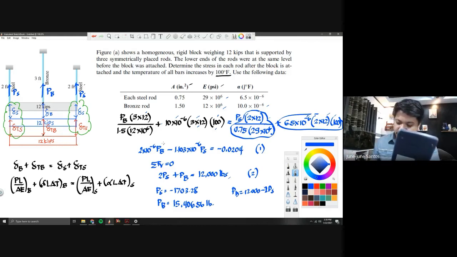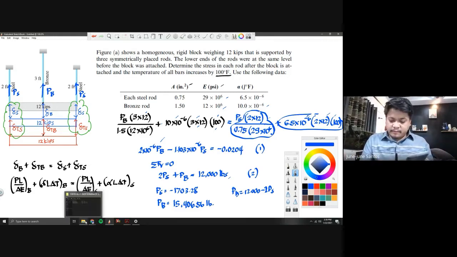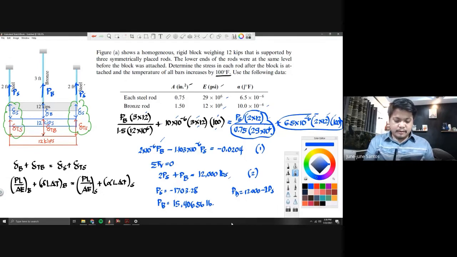Have you seen it? PB minus, kung makita yung mali, 29 times 10 to the 6. So, 1.103 times 10 to the negative 6 PS. 3 times 12 times 100.